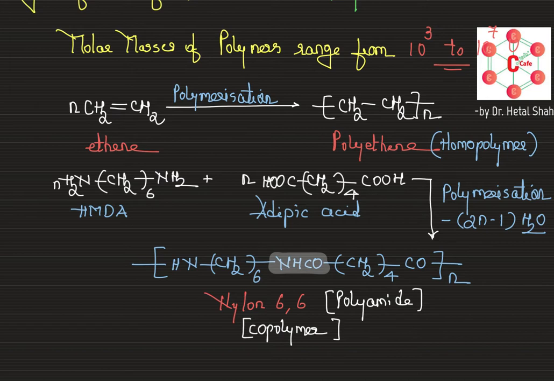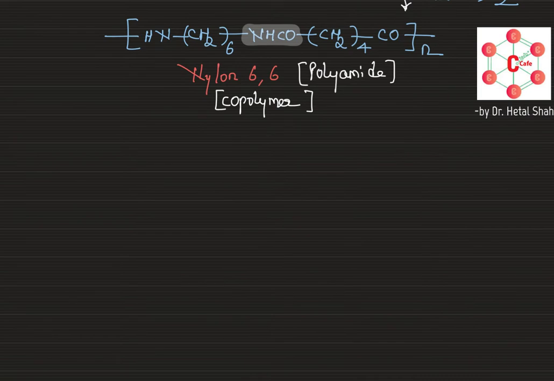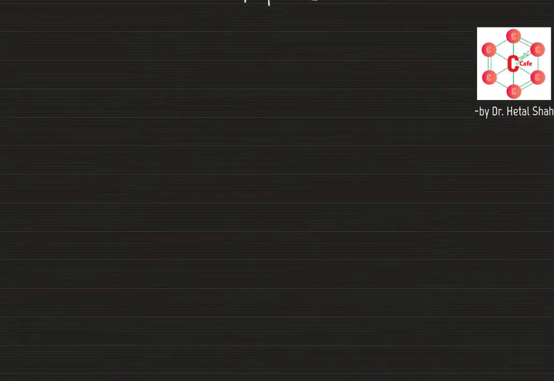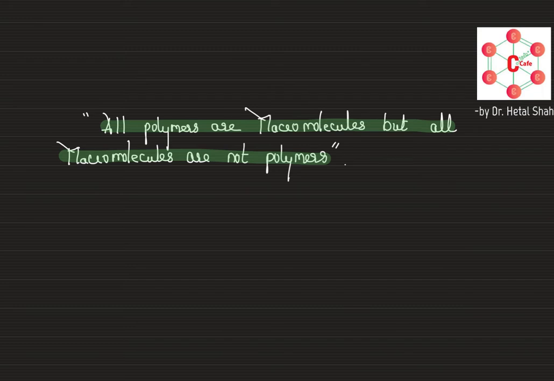I was also talking about one very important thing, and that is the difference between macromolecules and polymers. So you also have to know the difference between the term macromolecule and the term polymer. Let us understand that. There's a very important statement given here that all polymers are macromolecules, but all macromolecules are not polymers.